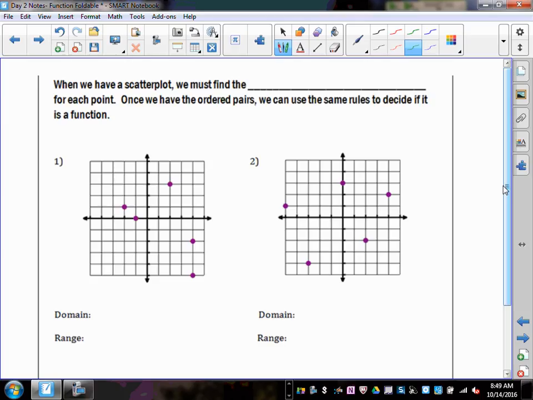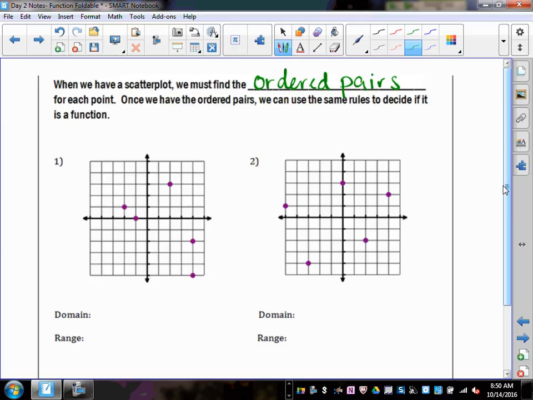So on a scatter plot, we must find the ordered pairs for each point. Once we have the ordered pairs, we can use the same rules to decide if it is a function. So same thing, your x value can only go to one y value.